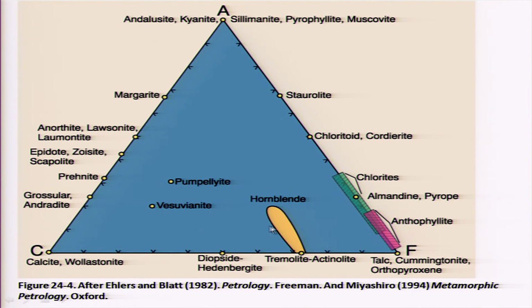The minerals which are plotted in between represent the presence of A, C and F, all three components. The minerals which are present on lines show that one of the components is not present. The minerals which are present on points like andalusite, kyanite, sillimanite represent that the other two pseudo components are not present in them.